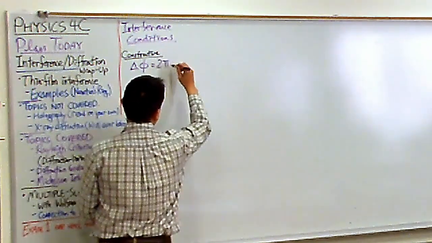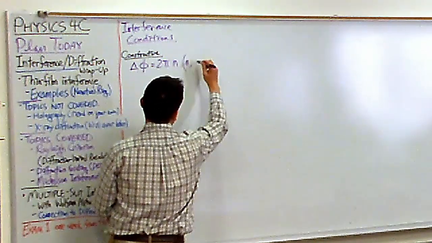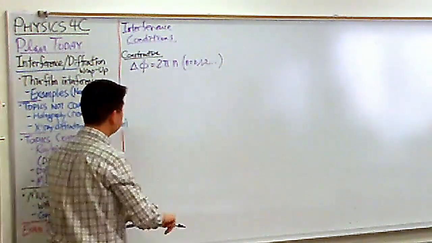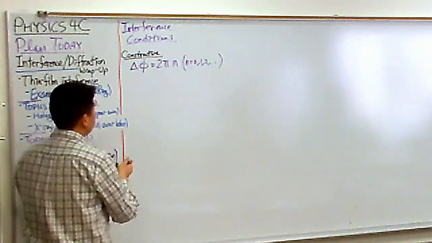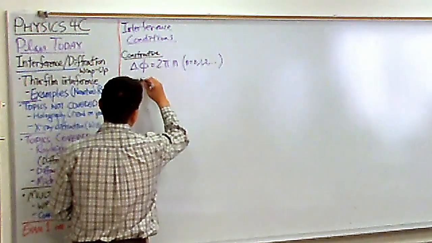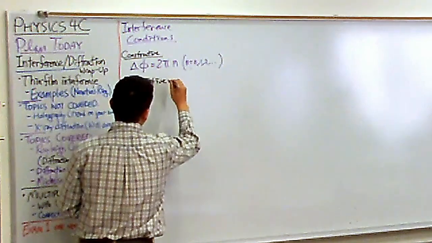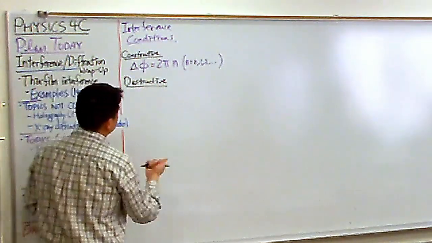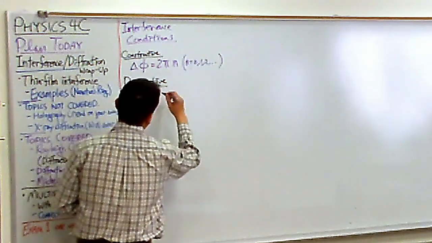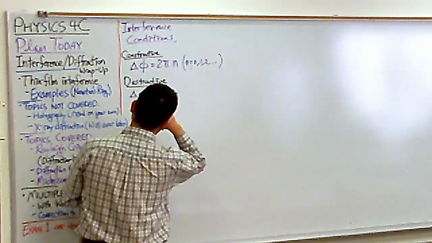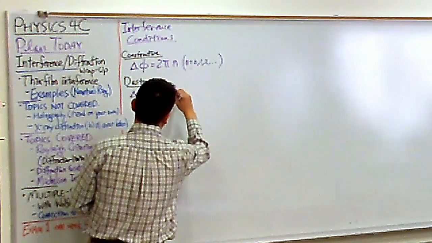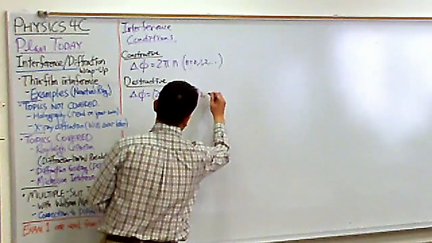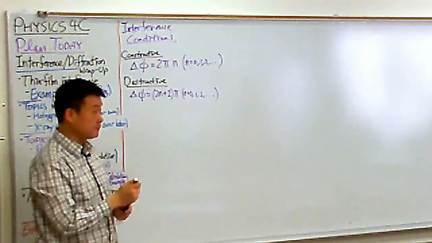So 2 pi n, where n goes from 0, 1, 2, and so on. And for destructive interference, you are looking for an odd multiple of pi. So your phase difference goes from, how should I write this? (2n plus 1) pi, where n goes from 0, 1, 2, 3. Good? This sounds familiar?